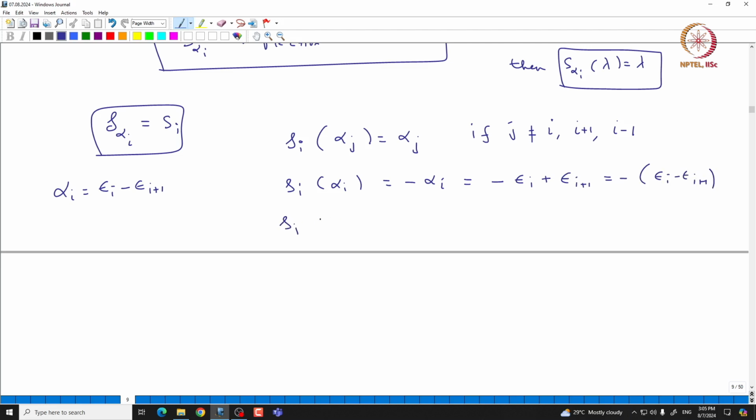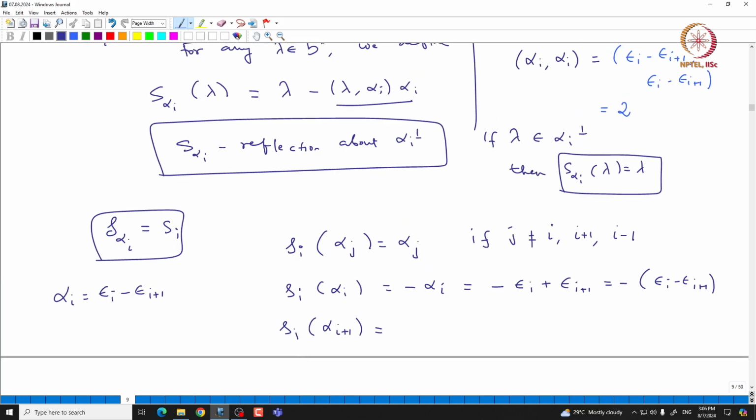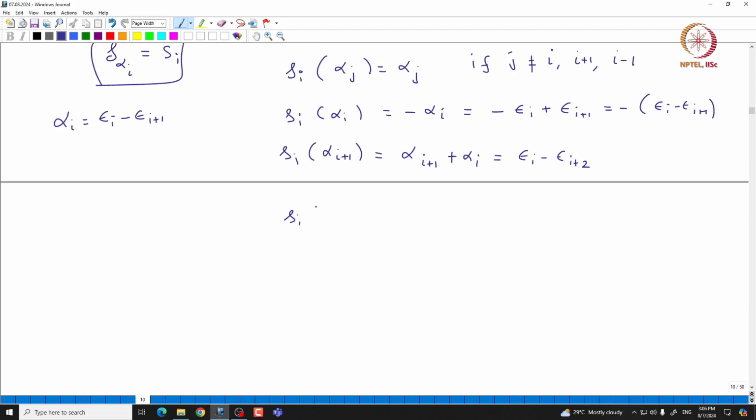Now, if I take S_i and act it on alpha_{i+1}, because the pairing of alpha_{i+1} with alpha_i is minus 1, this is going to be alpha_{i+1} plus alpha_i, which is exactly equal to epsilon_i minus epsilon_{i+2}. Similarly, S_i of alpha_{i-1} is going to be epsilon_{i-1} minus epsilon_{i+1}.